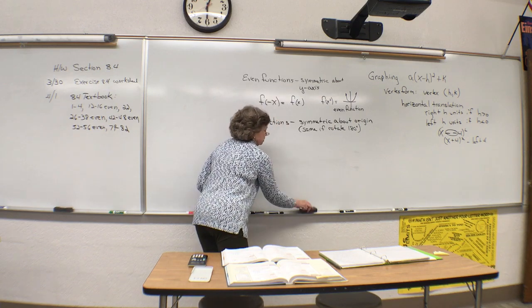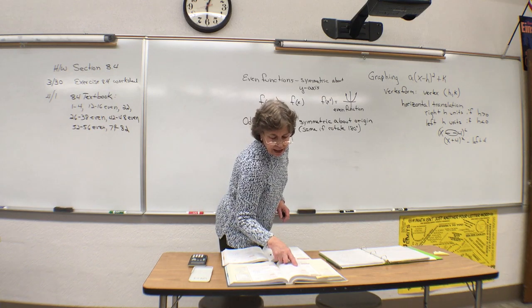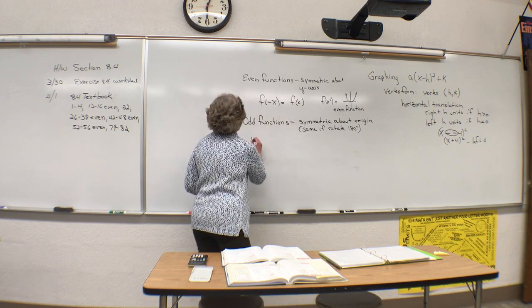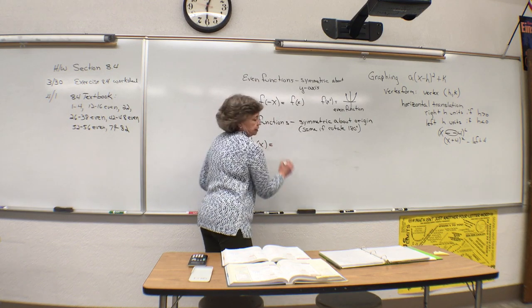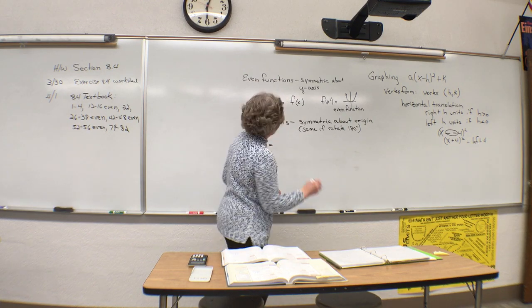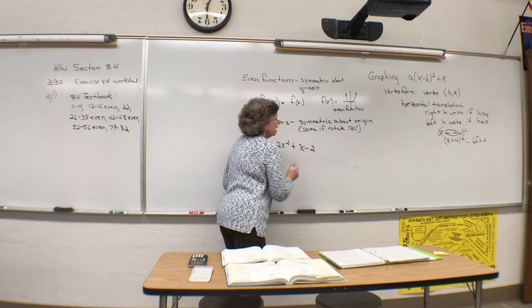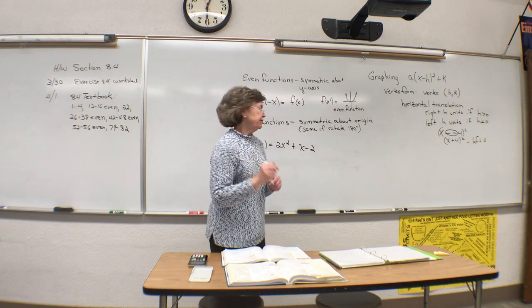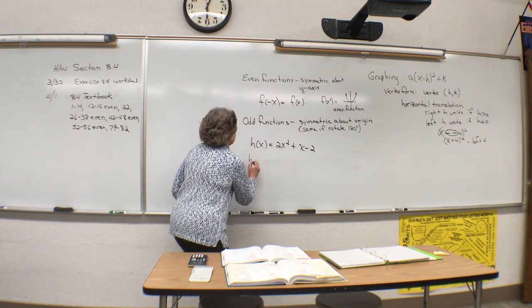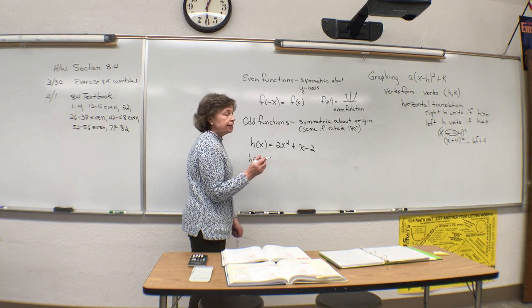Example C gave me h of x equals 2x squared plus x minus 2, and asked to find whether that was odd or even. So again, we start by taking h of negative x and seeing what that looks like.